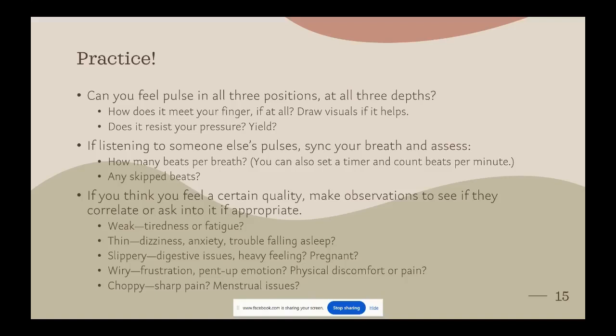For a wiry pulse, maybe they tend towards frustration or pent-up emotion. Maybe they have some physical discomfort or pain that comes and goes, or isn't super severe. Whereas a choppy pulse, maybe they do have really severe pain or menstrual cramps, or other menstrual issues, blood clots in their menstrual blood, or an irregular period.